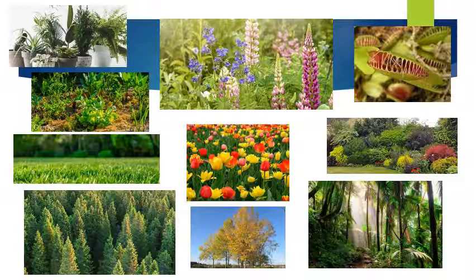Before we get into answering our key question today, I wanted to remind you all that there are hundreds of thousands of different types of plants on Earth. I don't want you to just picture flowers when we're thinking about plants.